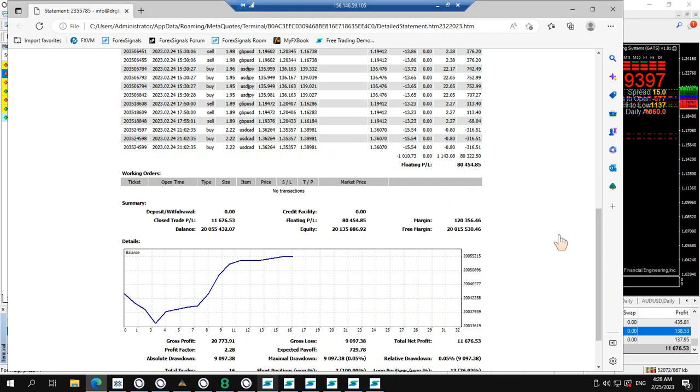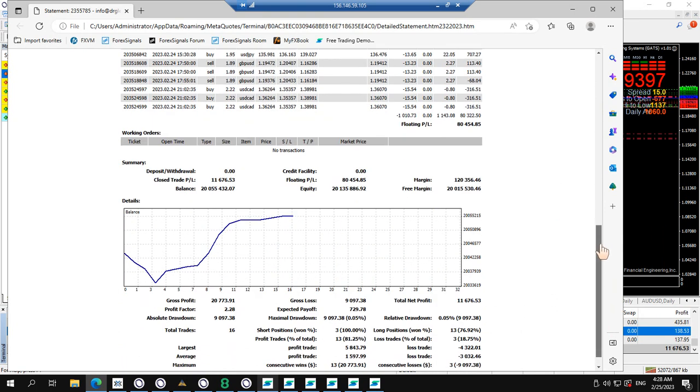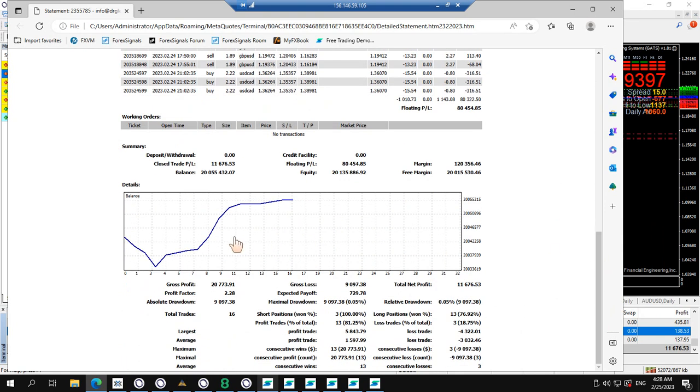The net result, though, is a floating profit of 80,454 as we speak. Interestingly, there are some metrics that you get when you go to report in MetaTrader 4. This will show you that for today, 16 trades closed. It gives us a profit factor of 2.28, which is pretty good. You'd have also seen what the expected payoff would have been.